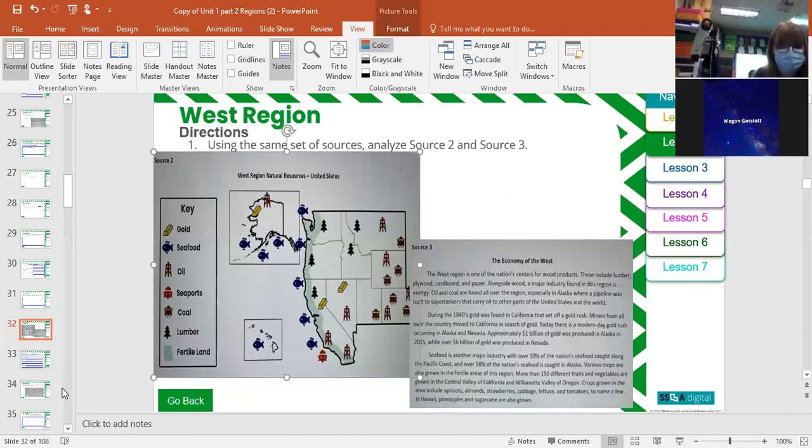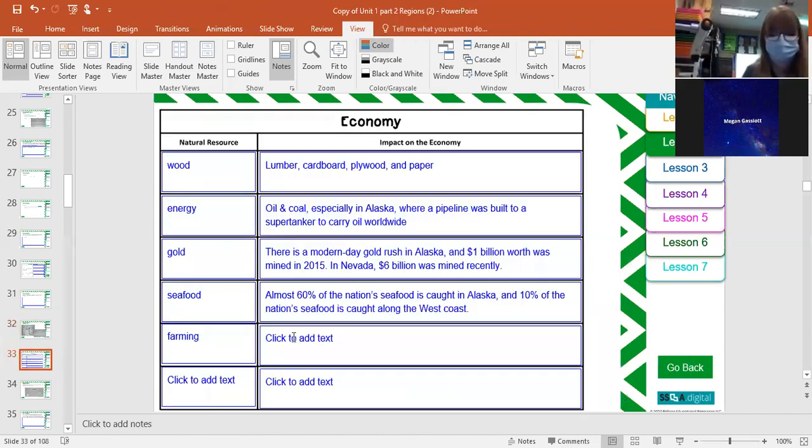Okay, so going back to this. More than how many fruits and vegetables? 150.